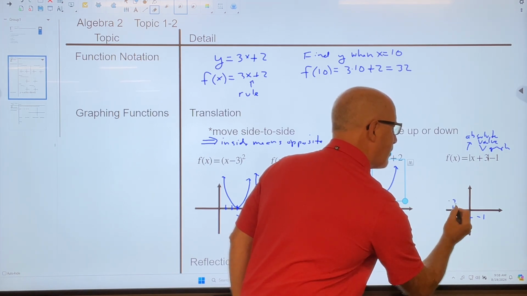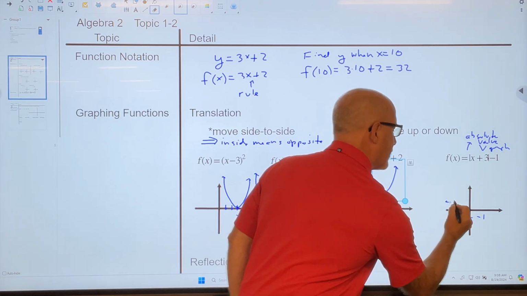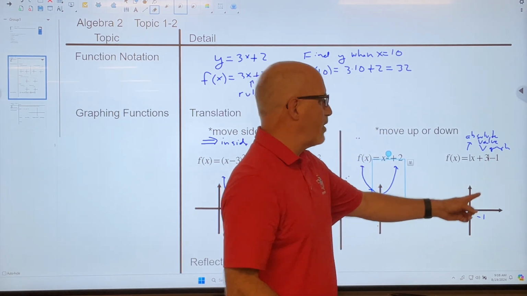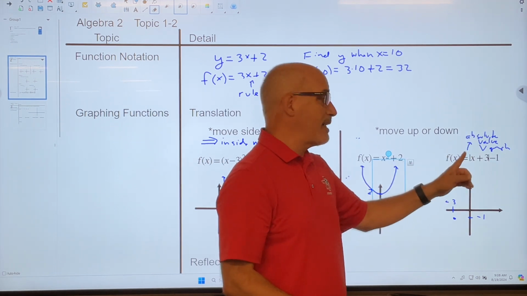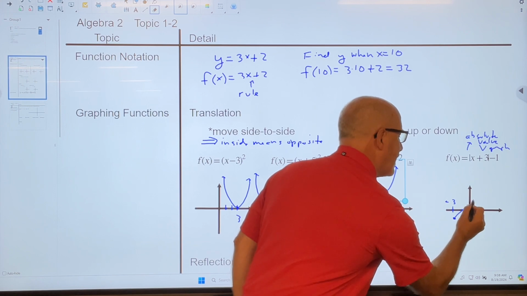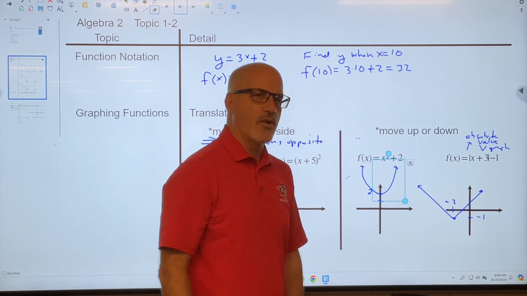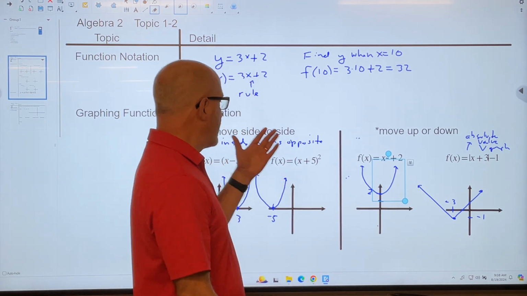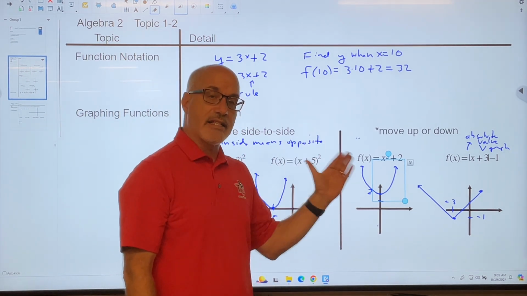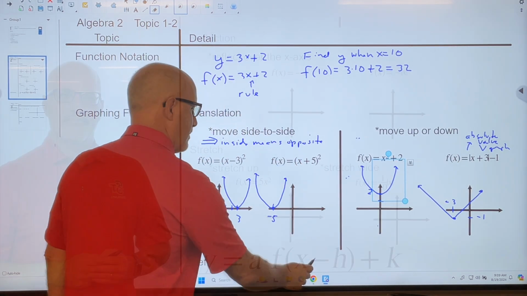I'll put the negative 3 up here. So my V is going to start here at the negative 1 for the y, that moves it up and down, but the opposite of the plus 3 there, and then I draw my V from that spot. These are just sketches to show you how it moves. So the inside numbers move in the opposite direction, side to side. The outside numbers move in the same direction as you would expect.